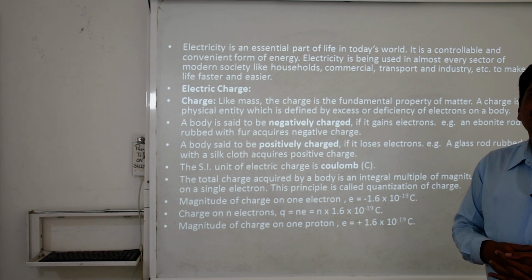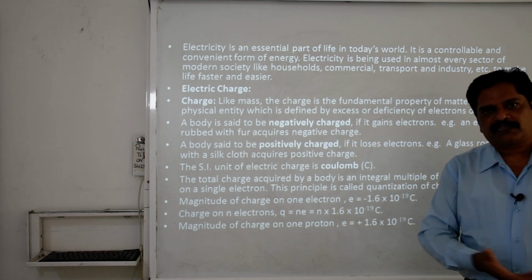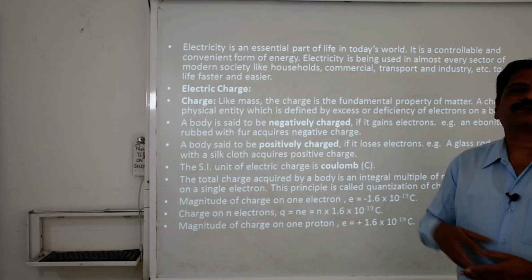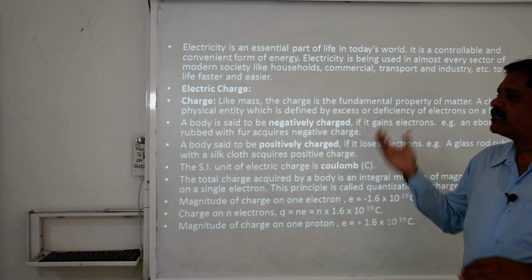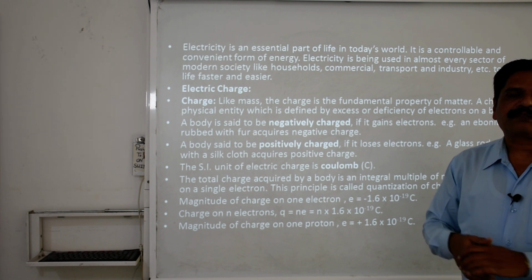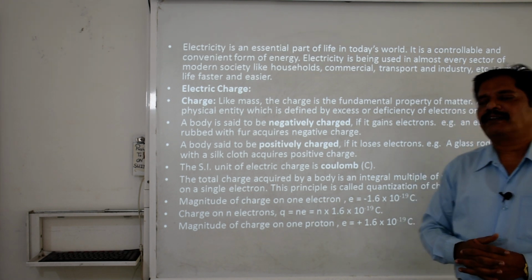In your kitchen, from mixer to microwave, from induction to the fridge and deep freezer, everything is working with electricity. All industries are purely based on electric power. Modernization is purely based on electrical energy.